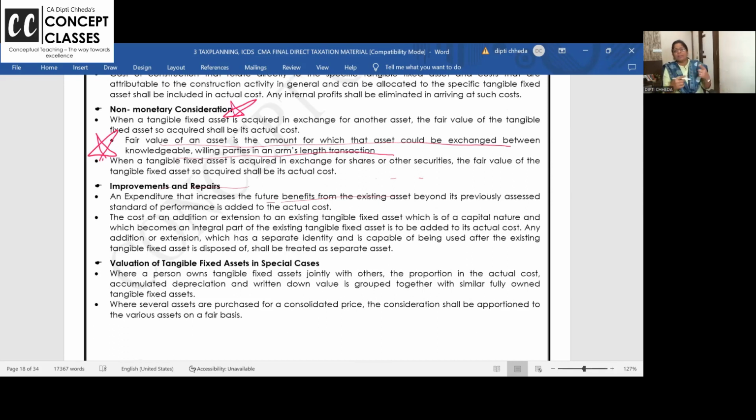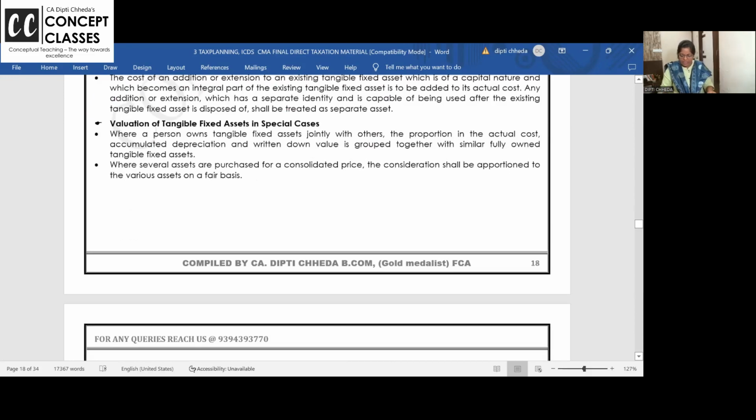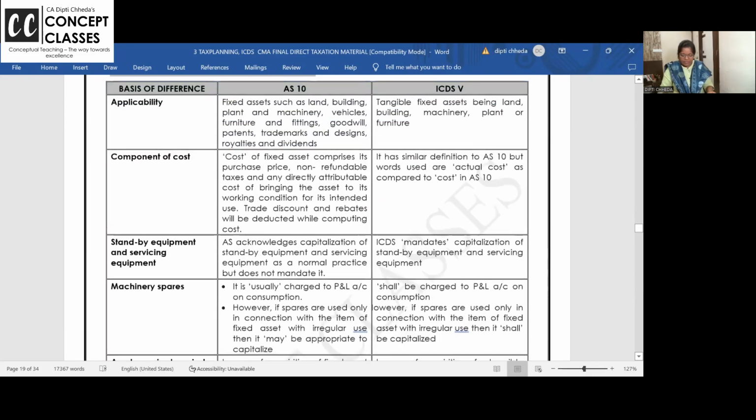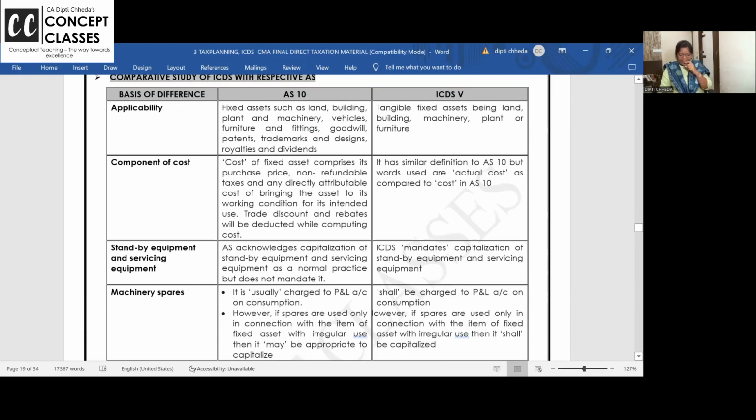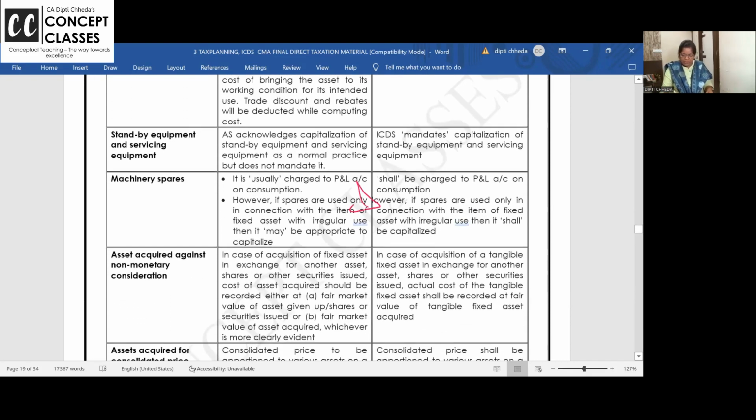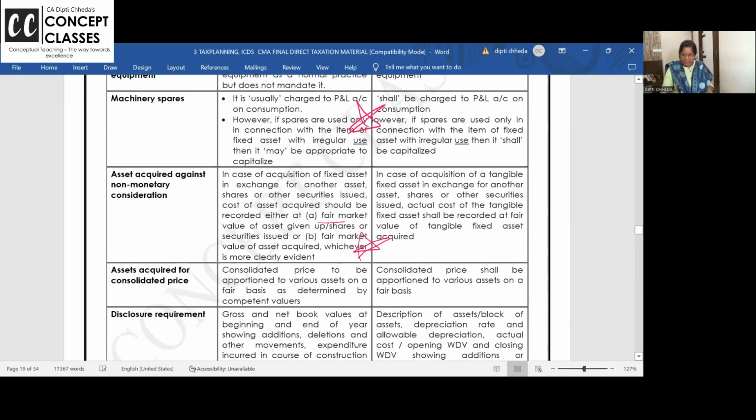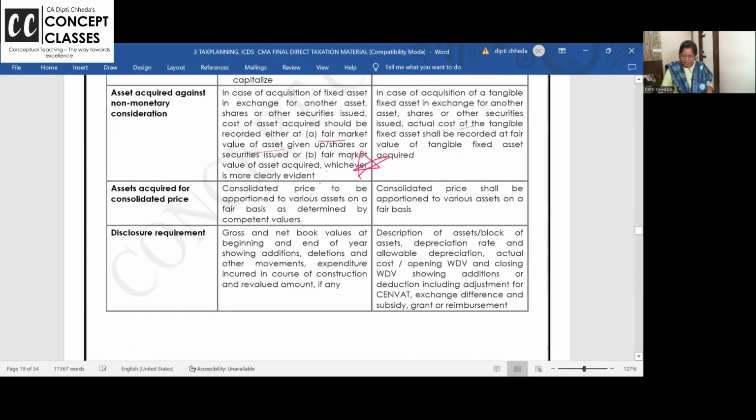And I had given the example of that, whether you should capitalize in the original, like you have increased the RAM ROM of your laptop, or separate, like you have purchased a 3-in-1 and all that. Okay? So here it is not given in the highlights, but this point is also different. Spare part. See here, fair market value of the asset given up or fair market value of the asset acquired. Here it is all what is acquired. Okay?